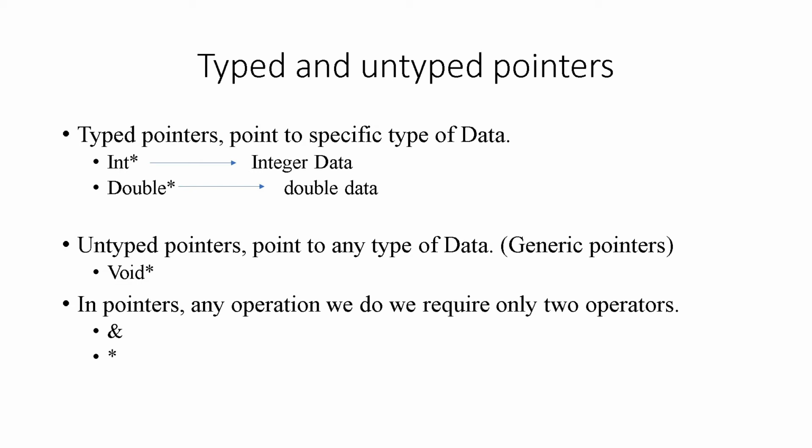If we are declaring a double pointer variable, then it is going to point to double data. Whereas untyped pointers point to any data. These are called generic pointers. An example is void.